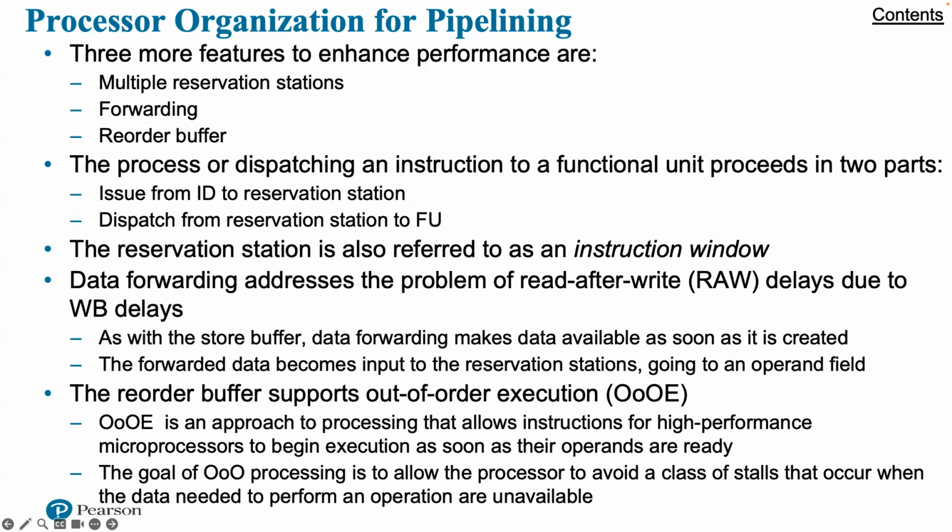The goal of this processing is to allow the processor to avoid a class of stalls that occurs when the data needed to perform an operation is unavailable. This process is discussed in chapter 18, so we'll come back to that in the next chapter.